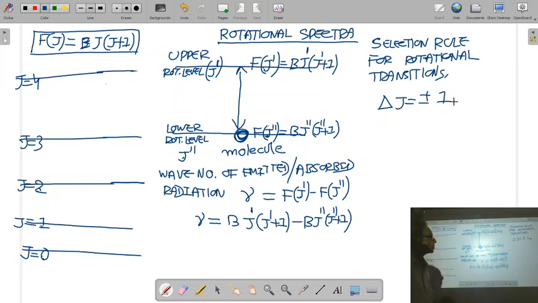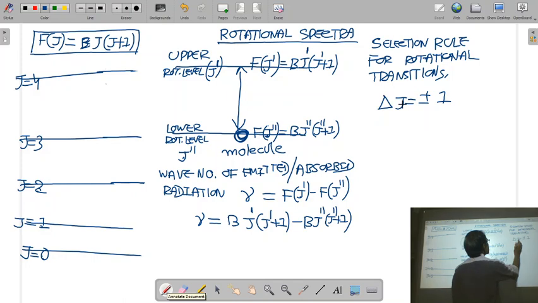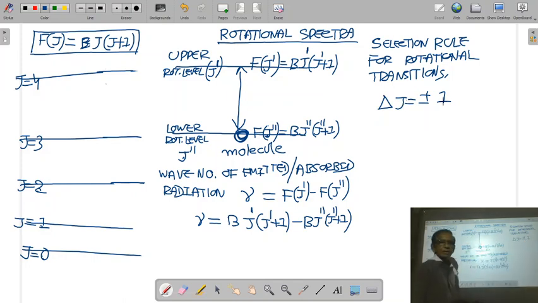According to the selection rule, not every transition can take place. Only those transitions will occur for which the difference of the rotational quantum number is plus or minus 1. If the difference delta J is plus or minus 2, plus or minus 3, those transitions are not allowed according to the selection rule.